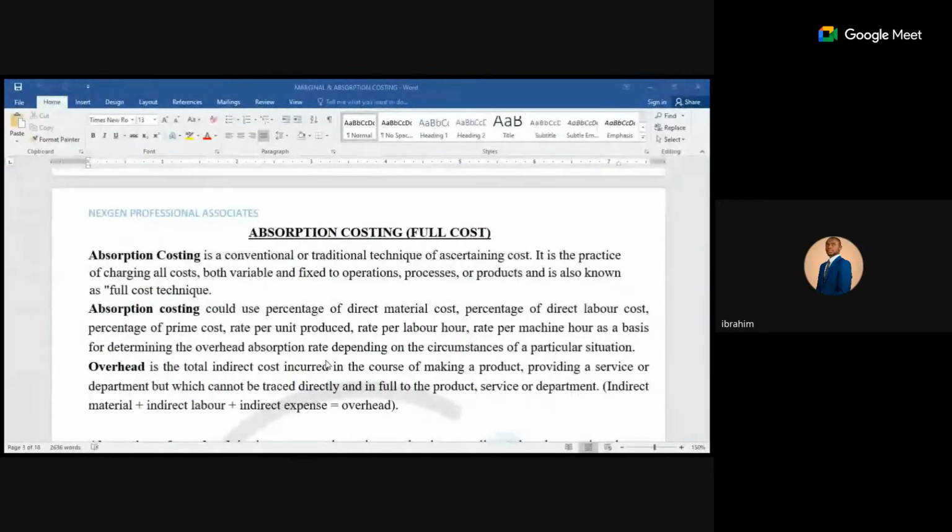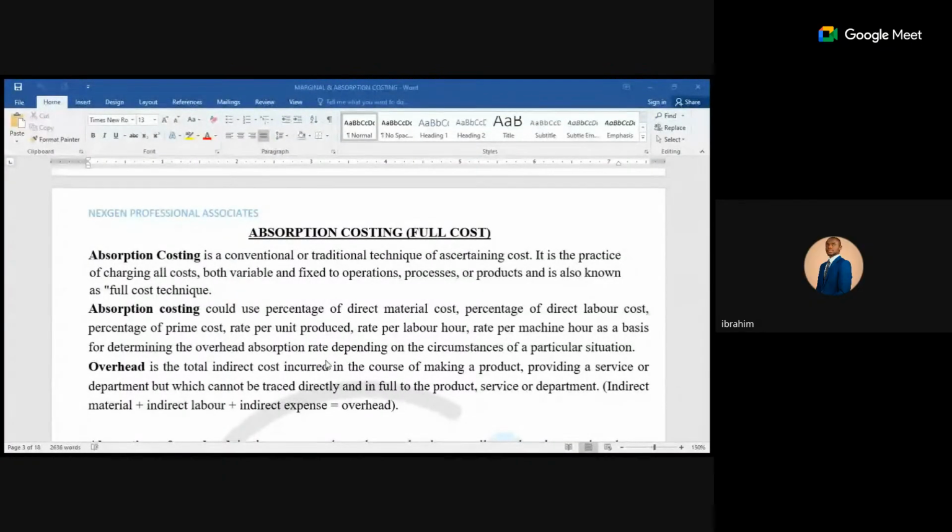You pay rent, but you cannot charge that rent directly to a particular production. That rent is just like a service. It is an unavoidable cost because you can't do without the rent unless you want to shut down the operation. So overhead is a cost that cannot be traced.